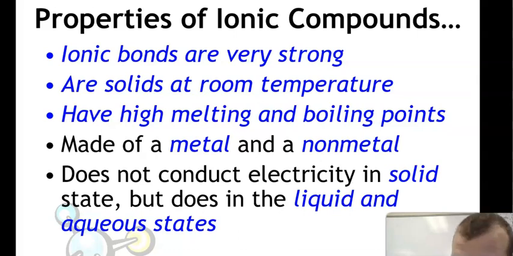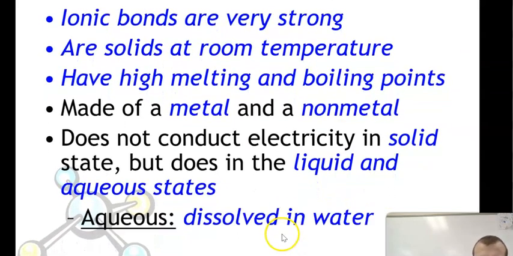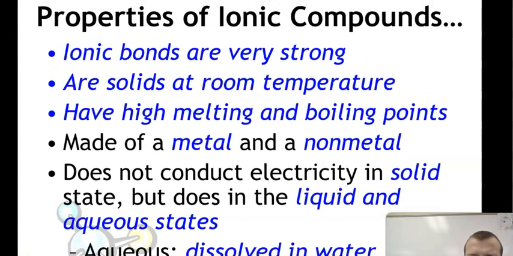However, it will conduct electricity when it's a liquid or aqueous. You might be wondering, what in the world is an aqueous? An aqueous is whenever the solid is dissolved in water. Let's say you take table salt and stir it into water. That's an aqueous state. Those are just a couple background properties of ionic compounds.